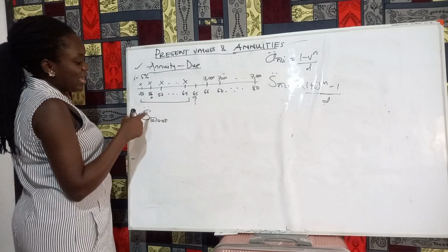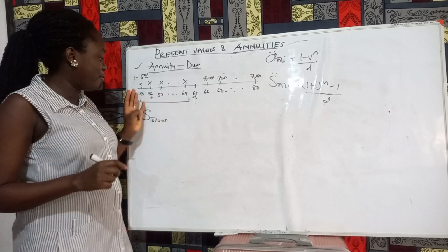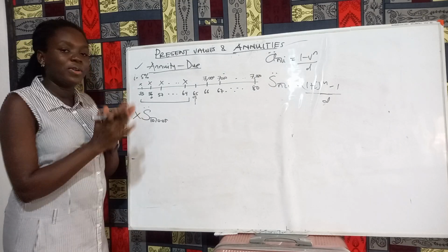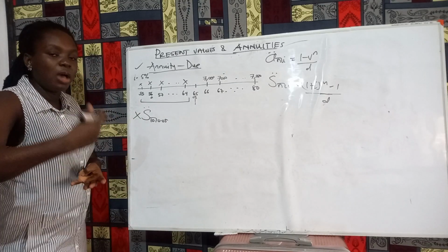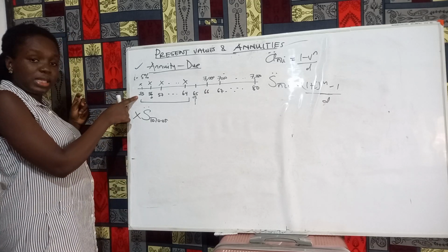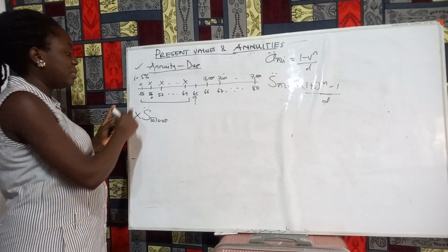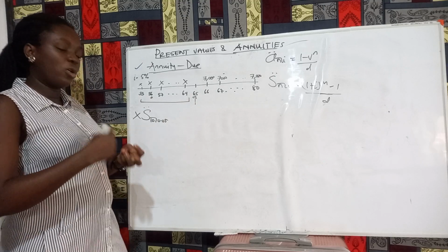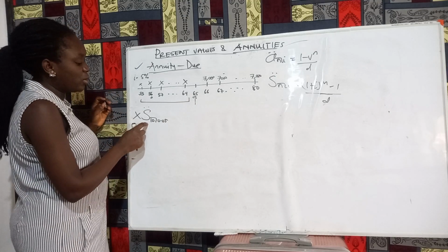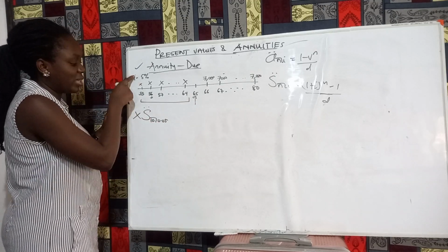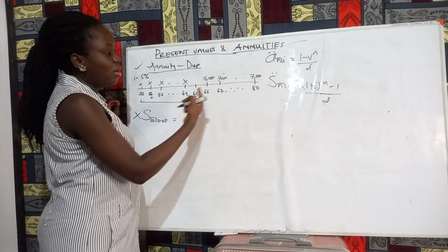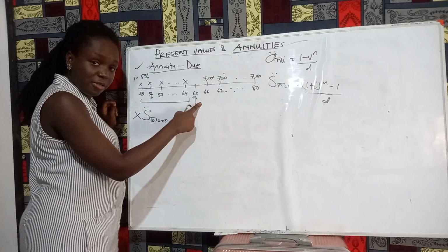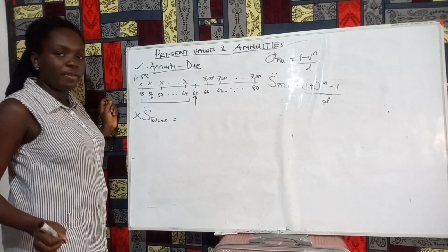It's 10 and not 65 or 55, because n means how many payments we are making. It didn't start from time 0, so take note that you're not seeing 0 to 10, but the n is focused on how many payments. So X times s double dot angle 10 at 5% should be equal to the present value of this series of payments at time 65. They are using the same reference point.